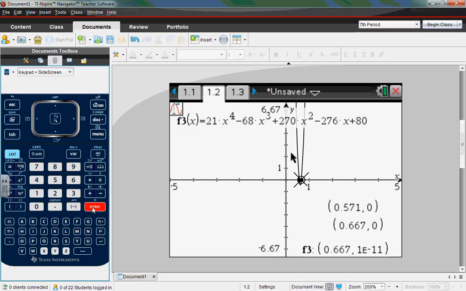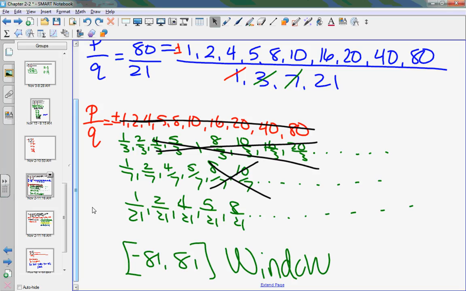Because we know that 0.6666666 is going to be 2/3. Now, I need a fraction that is close to 0.571. So if I go back to my list, I want a fraction. I know this one works. 1/3 is not.